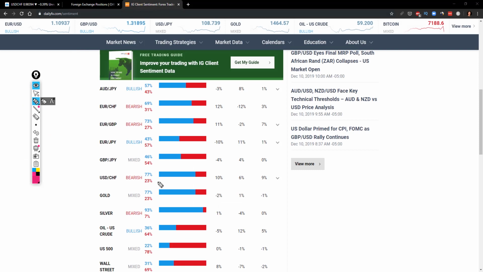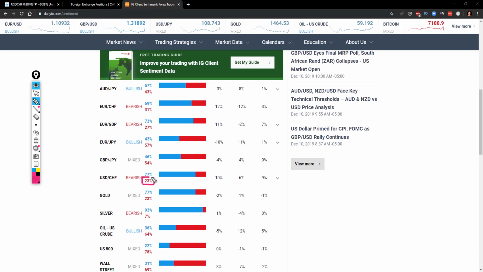If this index remains skewed to the long side, all right, what you're going to want to see if you are short is that this difference holds as you start seeing retail starting to flip sides, as you start seeing retail closing out those longs and opening up shorts.